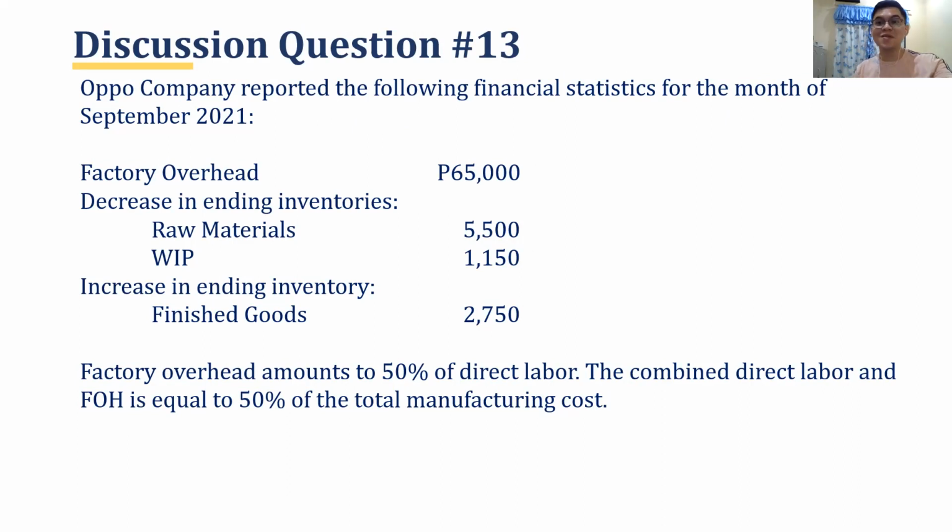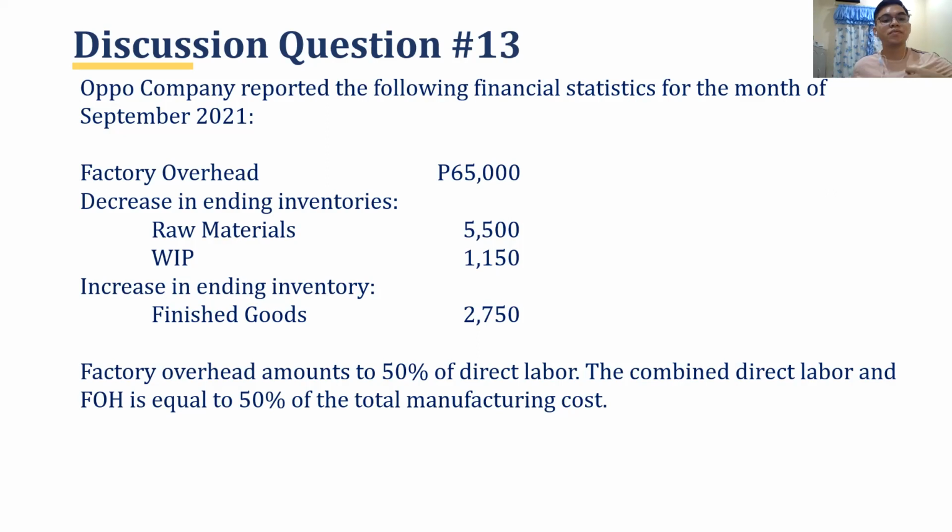So let me read to you discussion question number 13. Okay. Oppo company reported the following financial statistics for the month of September 2021. Una is factory overhead valued at 65,000. Tapos, we have here decrease in ending inventories, raw materials by 5,500, work in process by 1,150, and also here's an increase in your ending inventory for finished goods by 2,750.